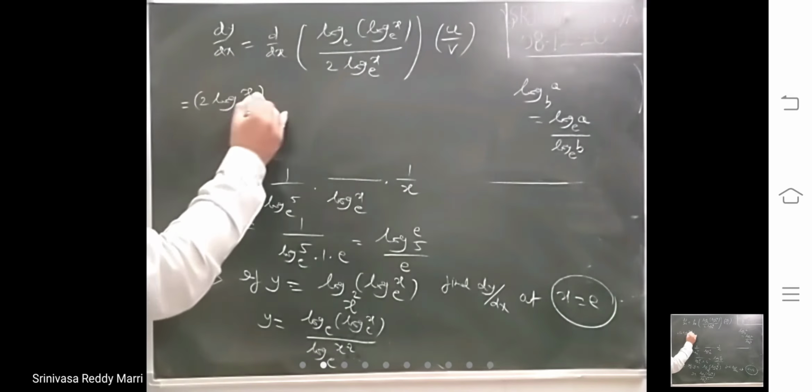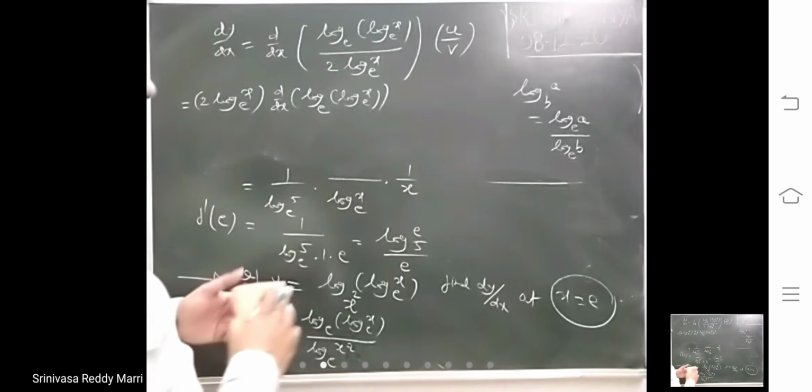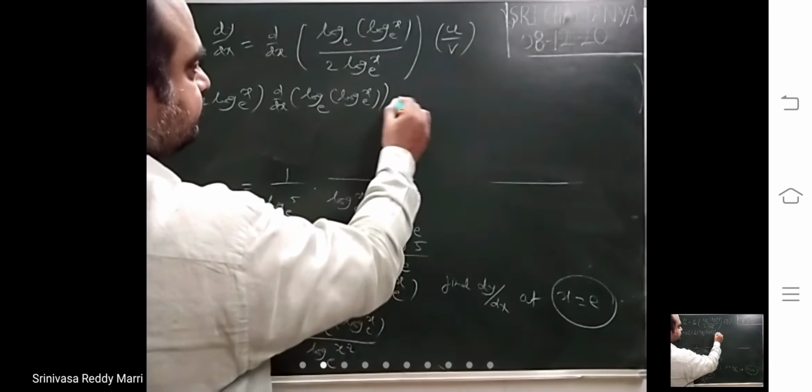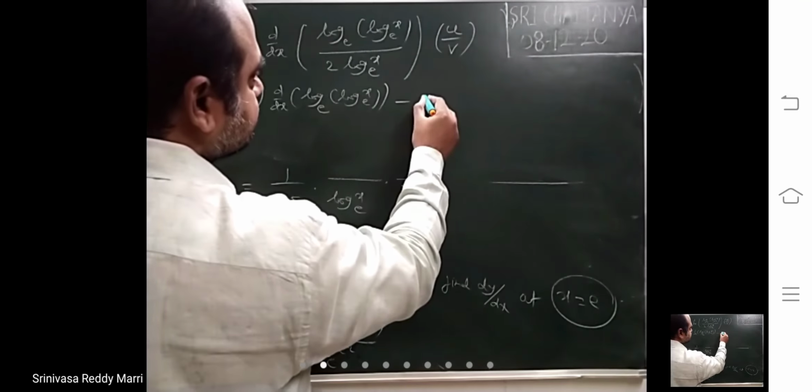First write v into the derivative of u, minus u into the derivative of v, divided by v whole square.